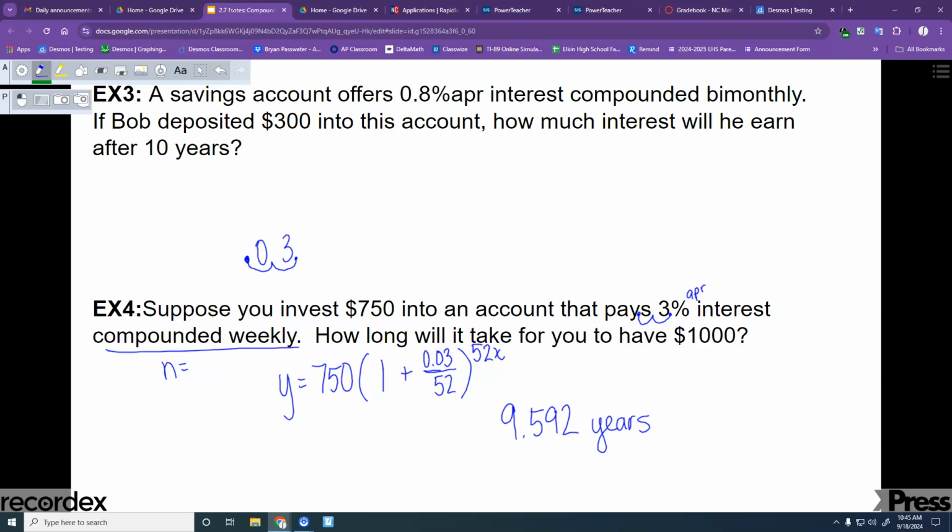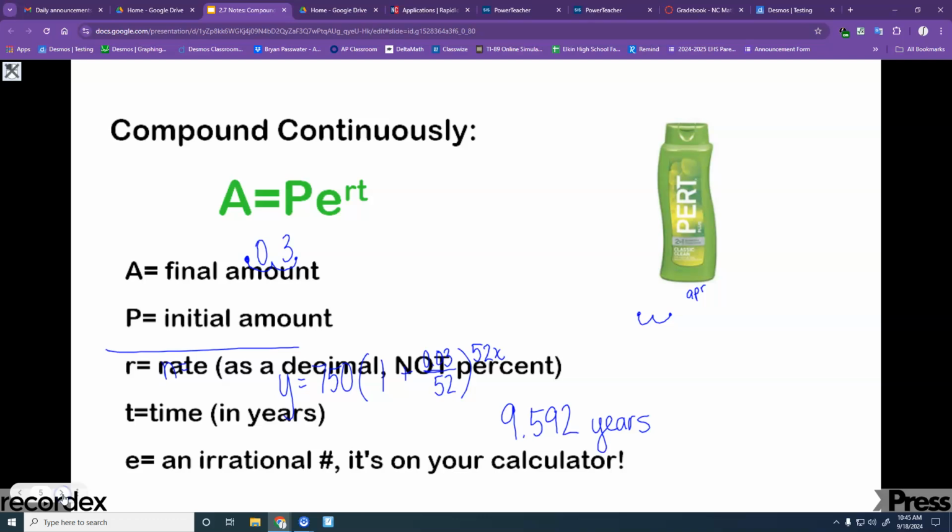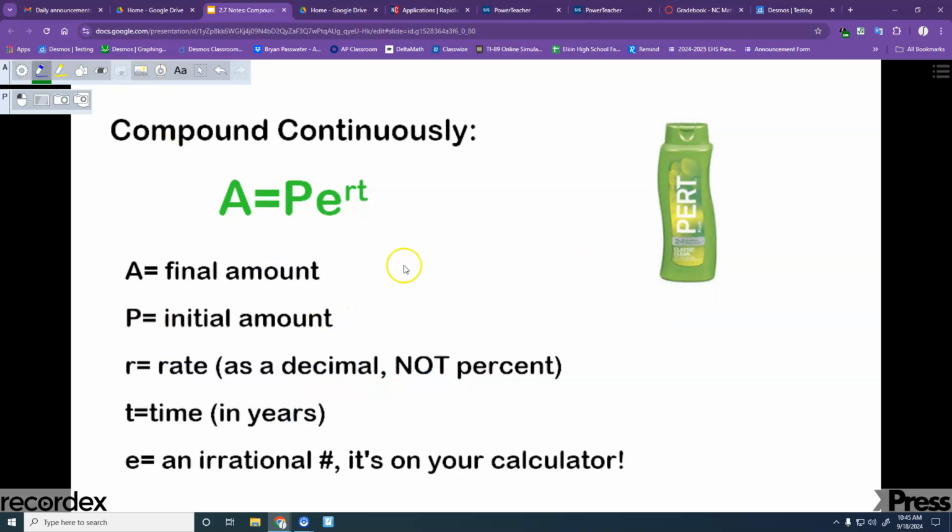No, we're not going to do 3 just because we don't have a lot of time. Okay, so we're going to do one more equation, and this one you want to add to your note card as well. Okay. This is your formula for something that is compounded continuously, right?